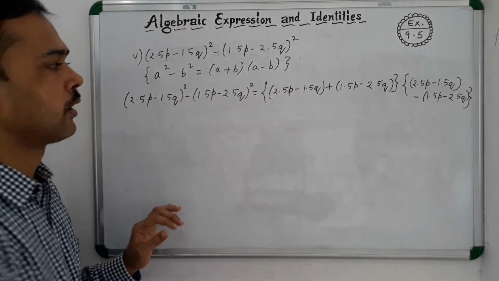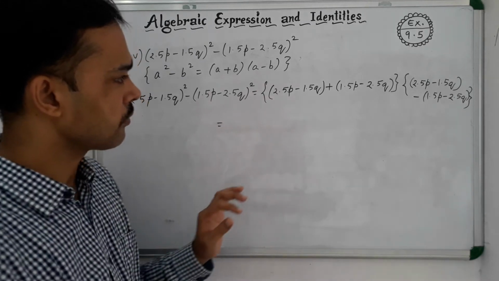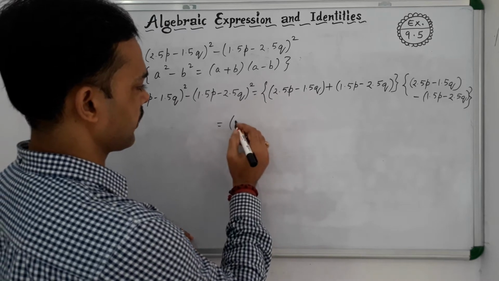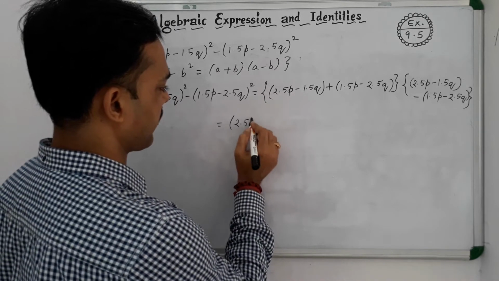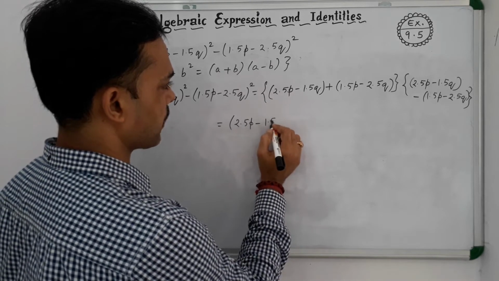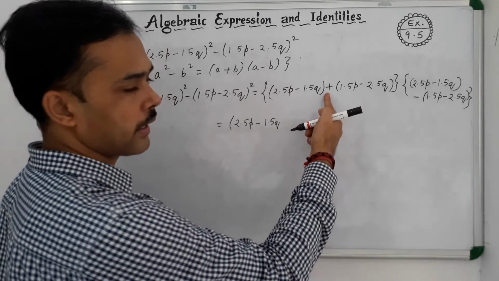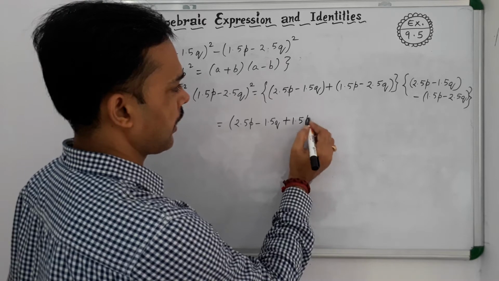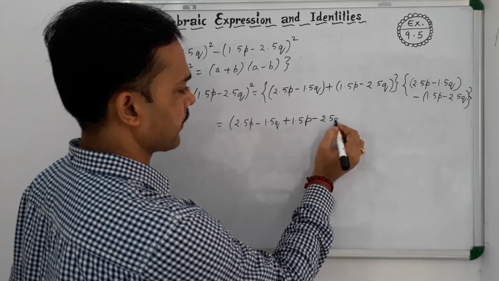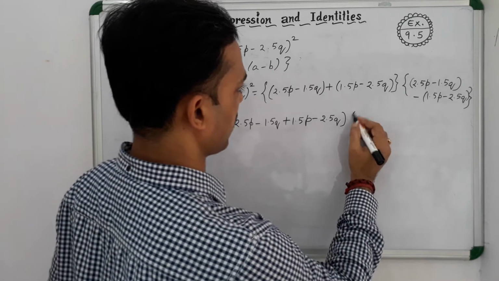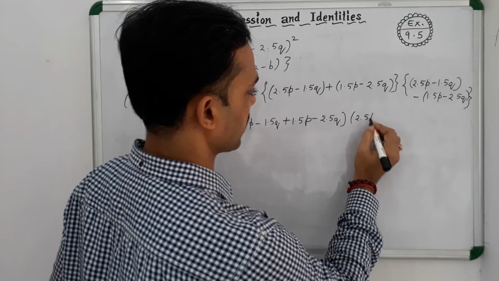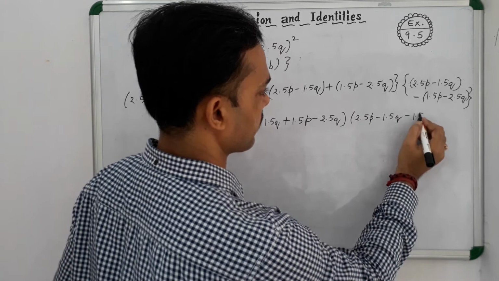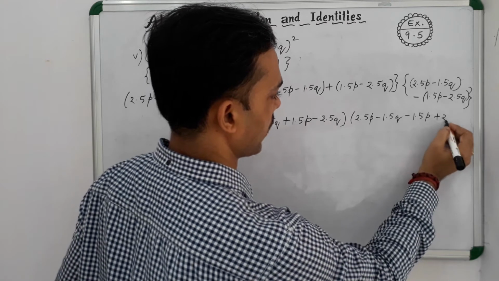Okay. Then when you solve this, then what you observe in this 2.5p minus 1.5q, once again it is positive sign, so sign will not change inside the bracket, and that is why when you come to this one, then it is 2.5p minus 1.5q minus 1.5p plus 2.5q.